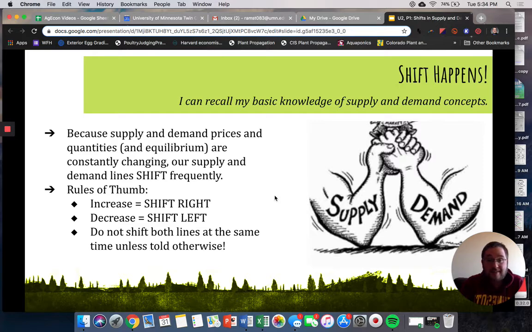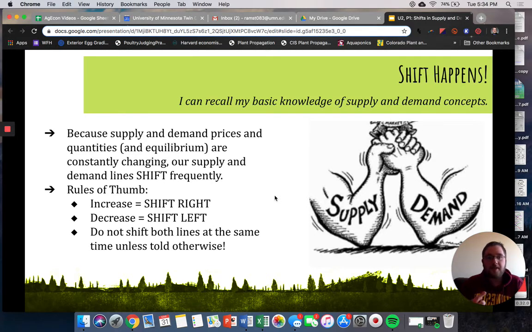We do not shift both lines at the same time unless told otherwise. And the reason being is because, generally speaking, if we go back to that toilet paper example from Unit 1 that I shared during the coronavirus, yeah, there was a huge spike in the demand for toilet paper, but toilet paper companies like Charmin couldn't just snap their fingers overnight and say, boom, here's all the toilet paper, hope you're satisfied. Nope, it takes time.